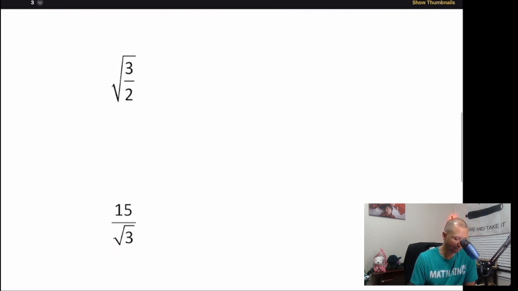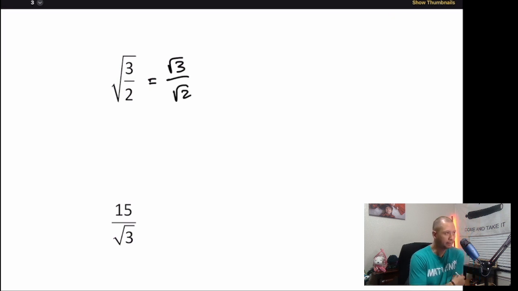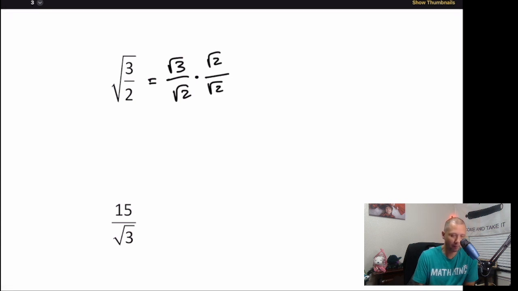Okay. Check it out. We want no square roots in the bottom. So root 3 over root 2. So here, the bottom isn't a clean, perfect square like the other two examples. So what we want to do here is multiply the fraction by root 2 over root 2, right? Because anything divided by itself is 1.